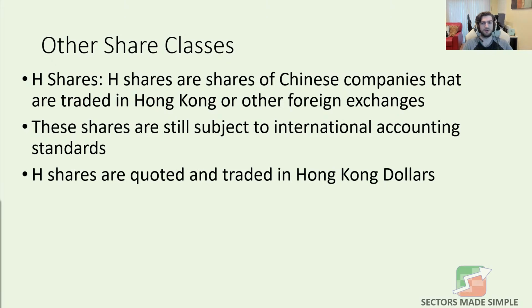H shares are also quoted and traded in Hong Kong dollars. These are important to know because you might see a -H or .H at the end of a ticker symbol. That is what those mean. Chinese companies that have a share class listed in Hong Kong, but their primary exchange is probably Shanghai.